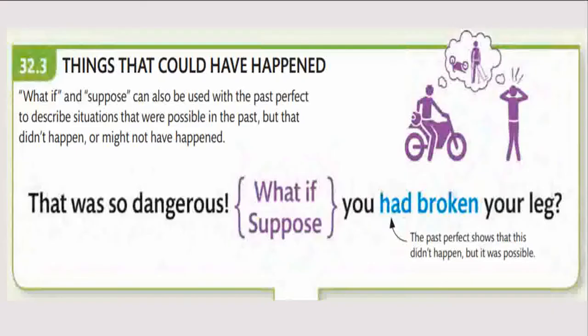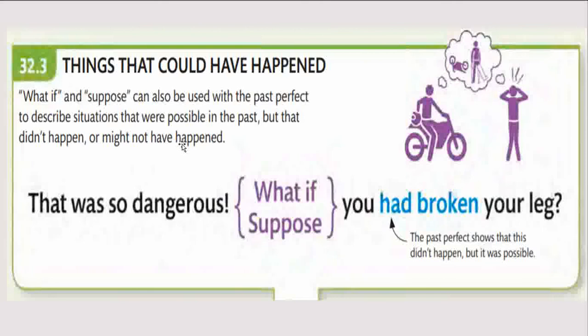Now let us see the next construction. Things that could have happened. What if and suppose can also be used with past perfect. Now past perfect describes situations that were possible in the past but that didn't happen in the past or might not have happened.